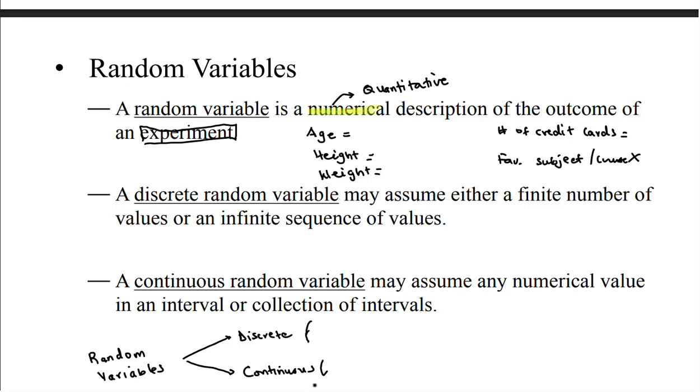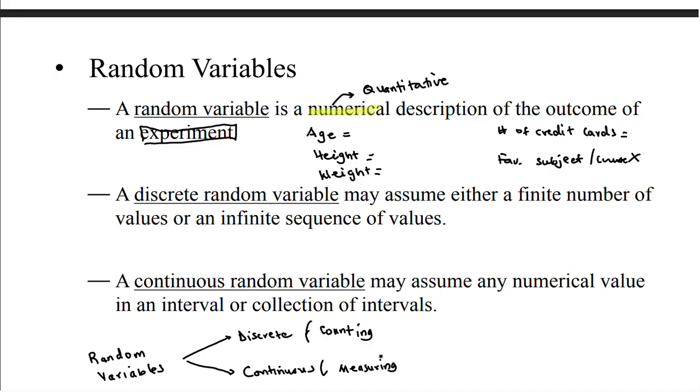The continuous are variables that may assume any numerical value in an interval or a collection of intervals. So one big difference is that for discrete random variables, we can actually count, or we receive their values by counting. And we'll be looking at some examples very soon. For continuous random variables, we obtain their values by measuring.